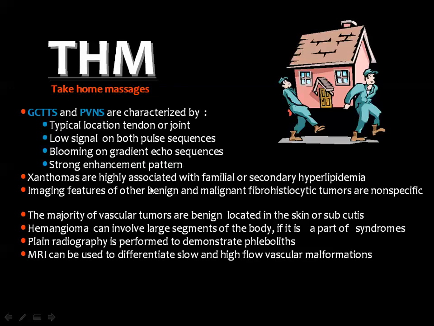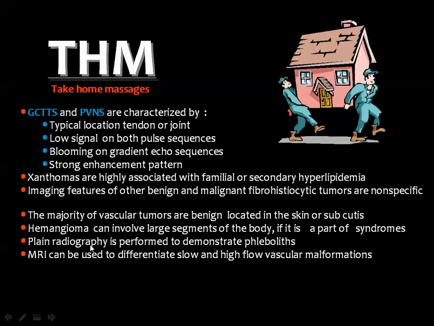Xanthomas are highly associated with familial or secondary hyperlipidemia and very commonly affect the Achilles tendon and are usually bilateral. Imaging features of either benign and malignant fibrohistiocytic tumors are non-specific, like benign fibrohistiocytoma and the malignant fibrous histiocytoma.